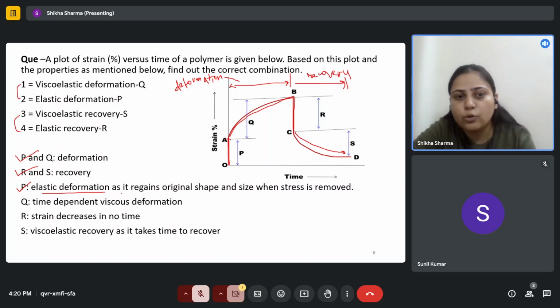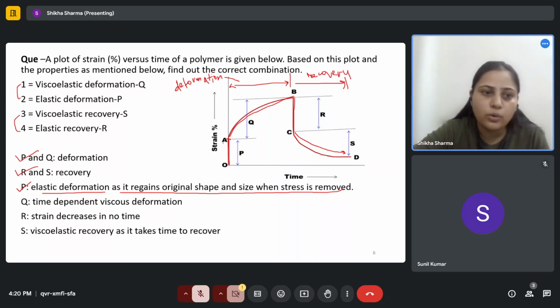When the stress is removed, it will regain its original shape and size. Since it gets the strain under the influence of a constant stress in no time, it is an elastic deformation. So P is the second one, which is elastic deformation.